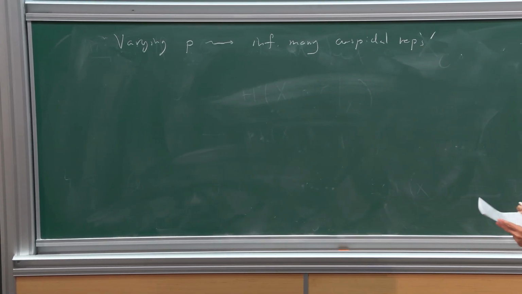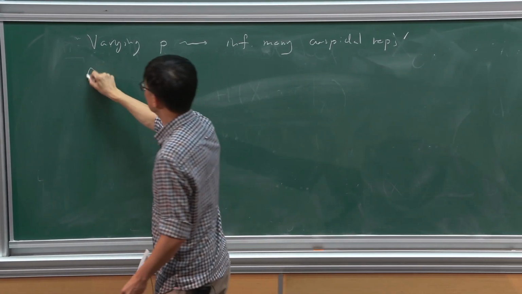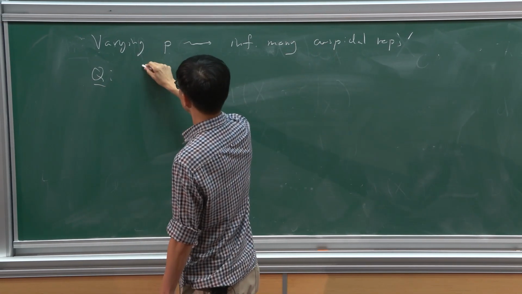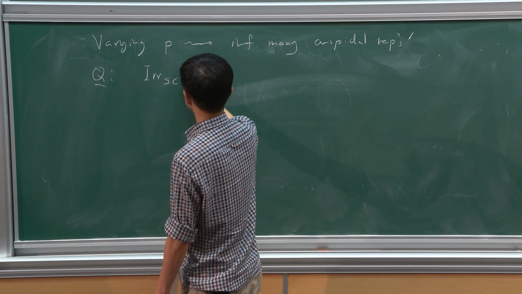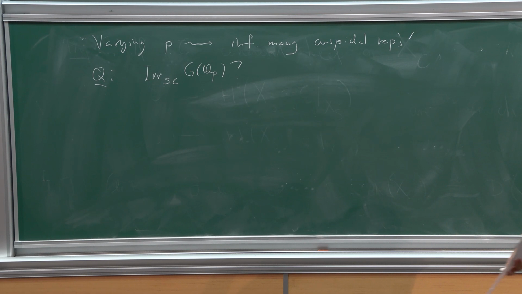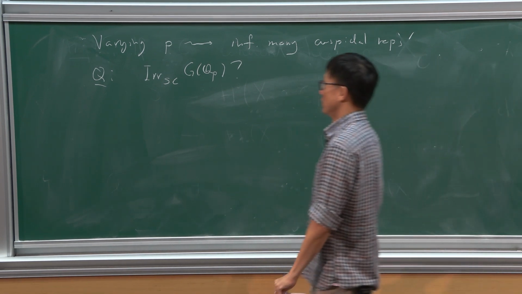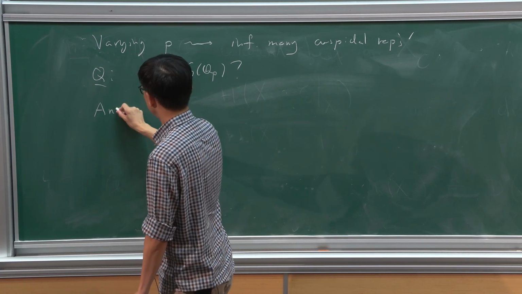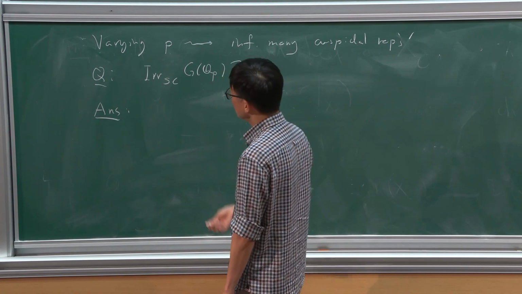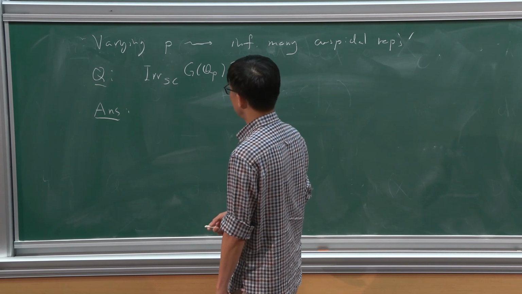Okay, now this leads to another question: how do you know that there are supercuspidal representations? Actually, it's not bad. We go from a global question to a local one. That's progress, I guess. Tomorrow you will hear a lot about this, but for today, let me just produce one.